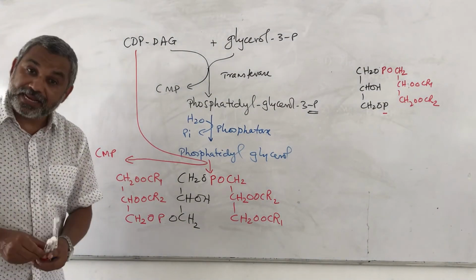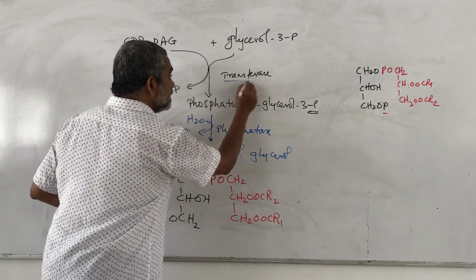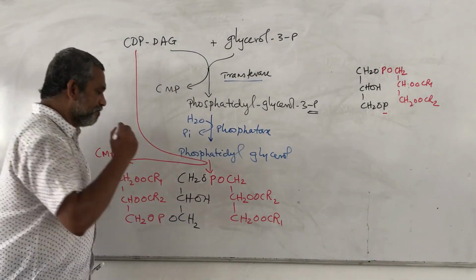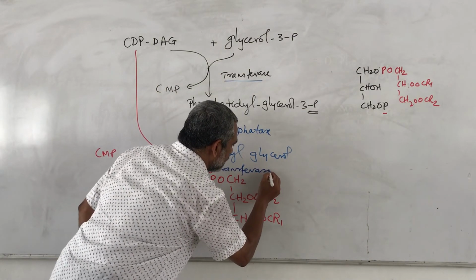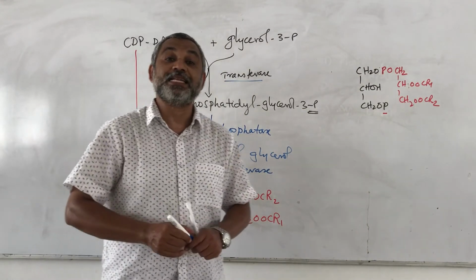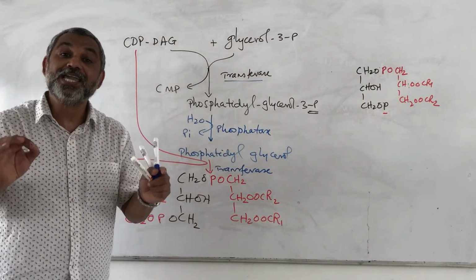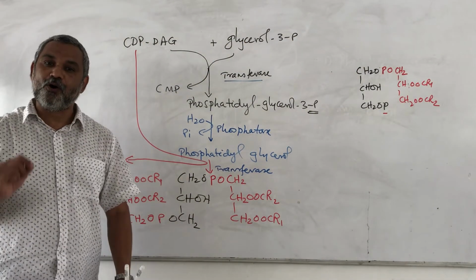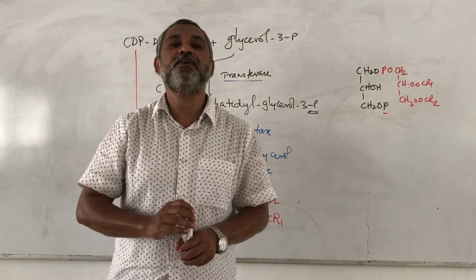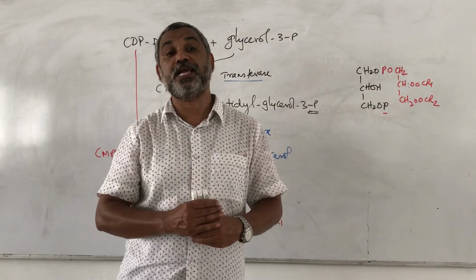And you need another transferase enzyme here in order to convert phosphatidyl glycerol into diphosphatidylglycerol. So this is the structure of cardiolipin, which is abundantly present in the inner mitochondrial membrane.